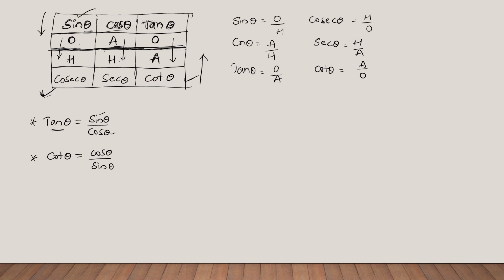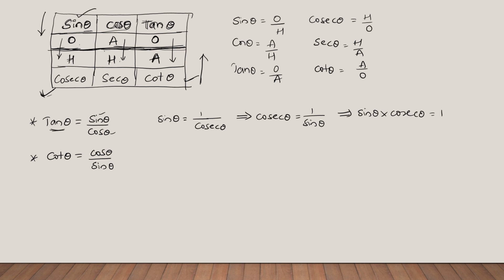Next, moving on to a few more. If you observe, sin theta and cosecant theta are reciprocal to each other, so we can write sin theta is equal to 1 by cosecant theta, or cosecant theta is equal to 1 by sin theta, or sin theta into cosecant theta is equal to 1.